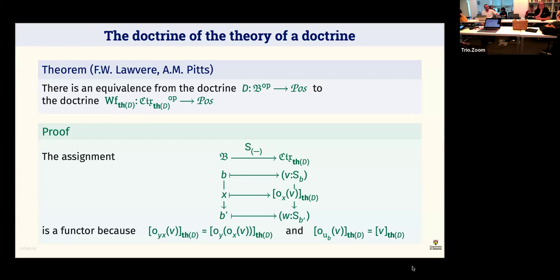And of course, I want to compare the two. And in fact, the two compare by an equivalence of doctrines. And then one says, of course, you want to do it also the other way. You want to start from a theory, produce a doctrine, produce a theory from that doctrine, and compare the two theories.